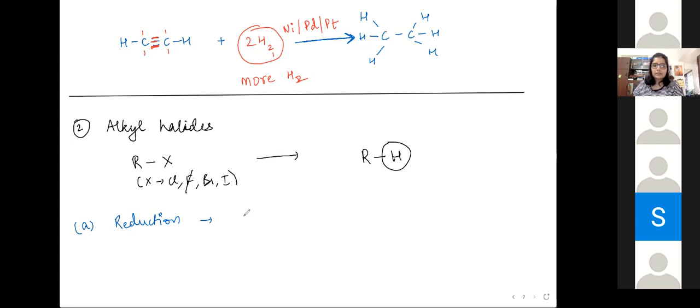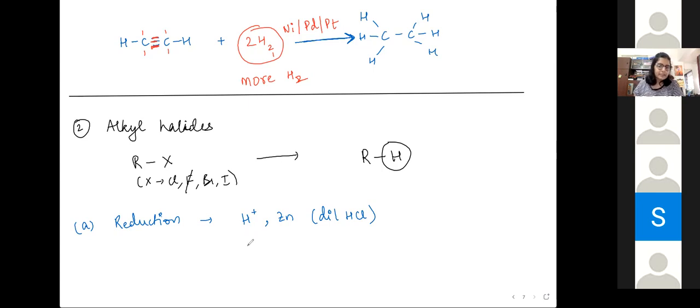One is you can use an acid in the presence of zinc. Remember, if you put zinc in the presence of acid, zinc will displace hydrogen from that. Usually in this process, dilute HCl is used. So that is one source of hydrogen here.